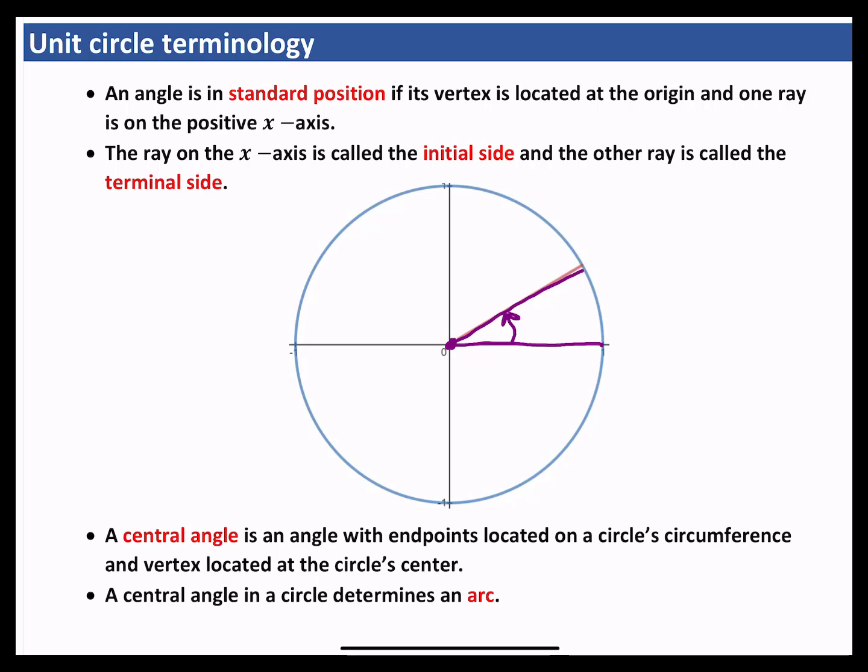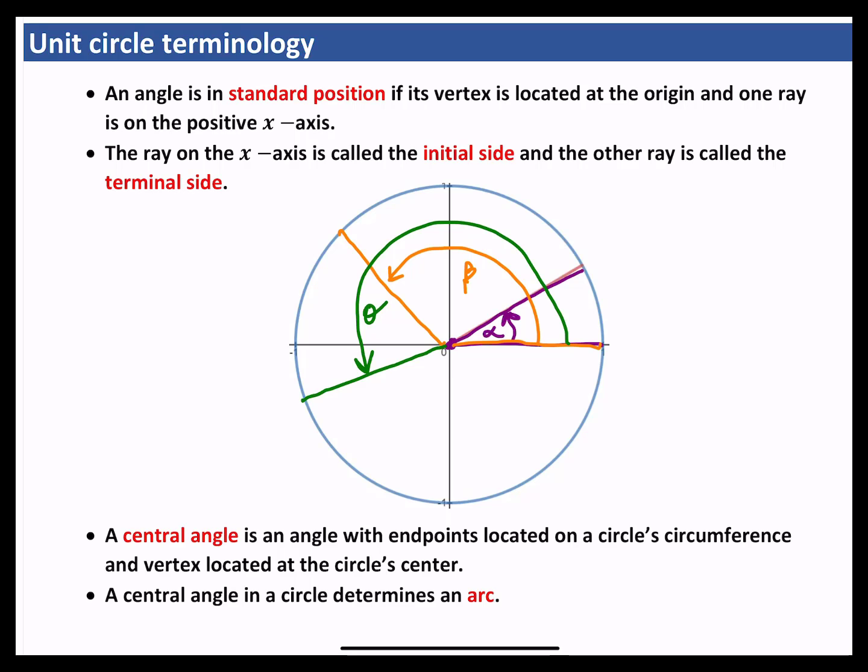Or we could say that this angle is also in standard position, or maybe even over here in the third quadrant, this angle is also in standard position. For future reference, let's call this first angle alpha, this second angle beta, and this third angle theta.